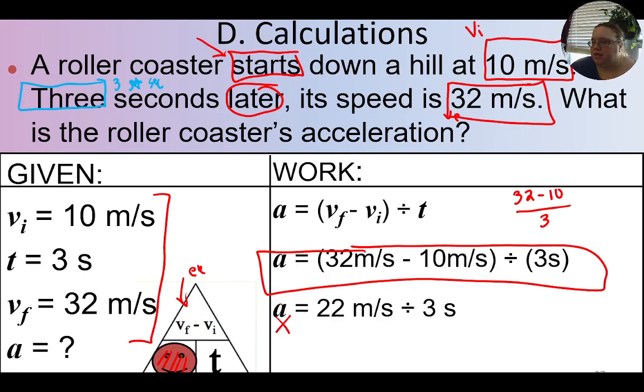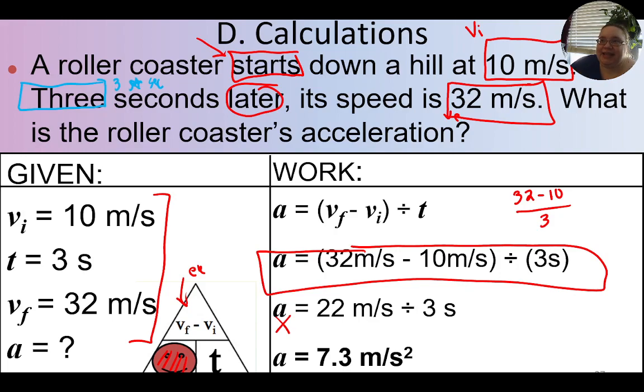Here we go. So handy dandy calculator tells me that it is 7.3. It is a positive value. And since I have meters divided by seconds, my unit for this answer must be my unit for acceleration, which is meters per second squared, or m/s with the little 2 at the top.